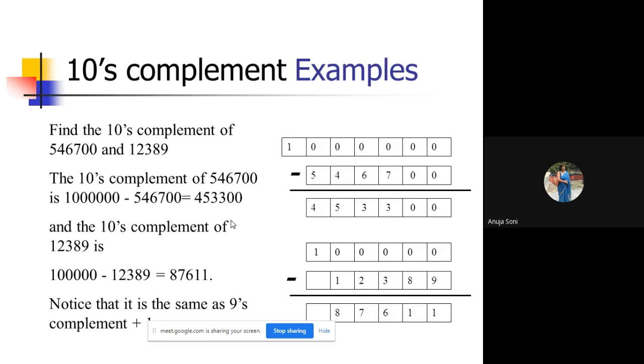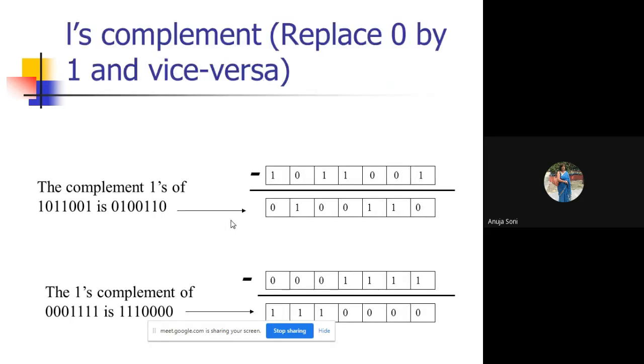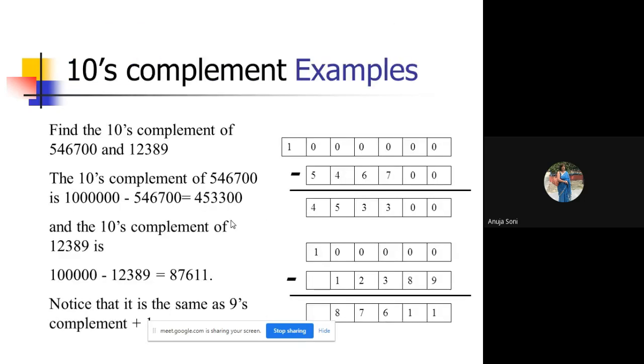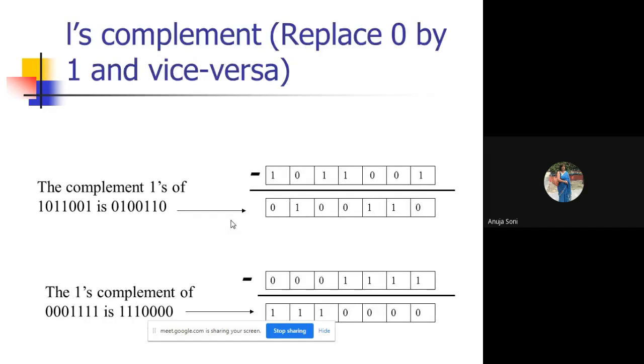Right? Now we come specifically to the ones complement and twos complement, because the system always deals with binary values internally whenever all the manipulations are done. So it is very essential to understand the ones complement and twos complement at the binary level.